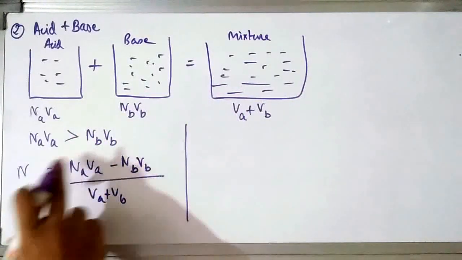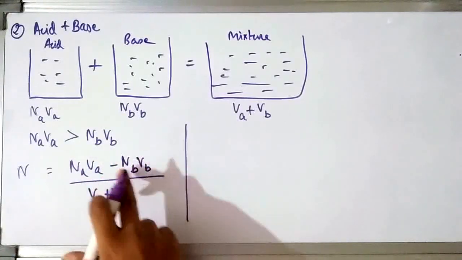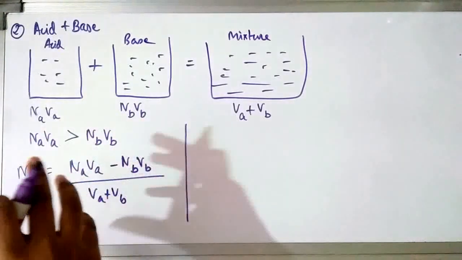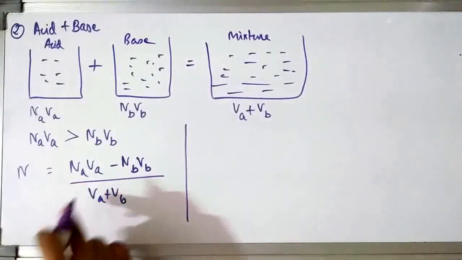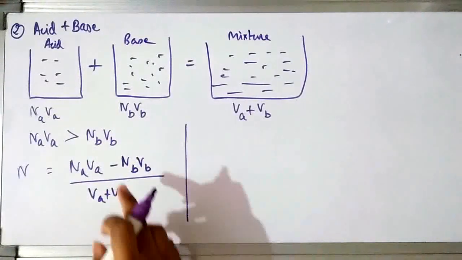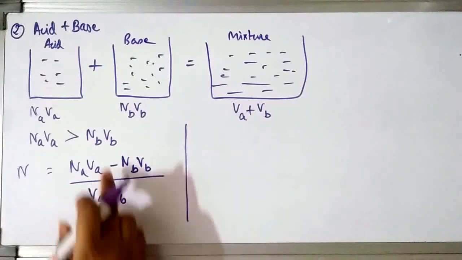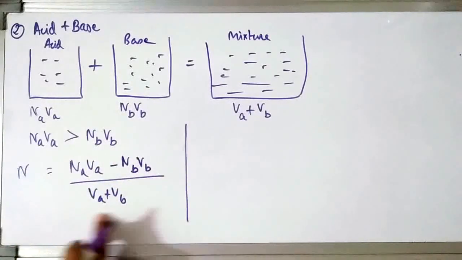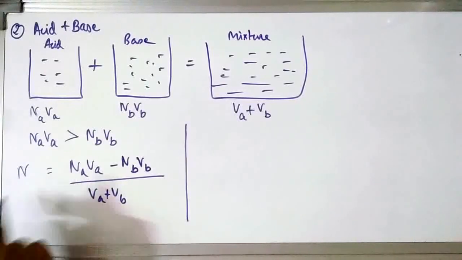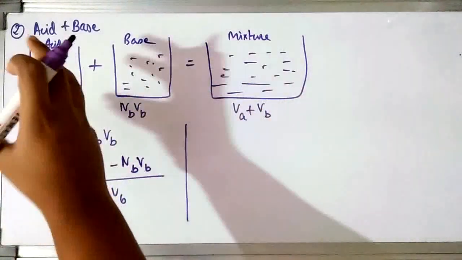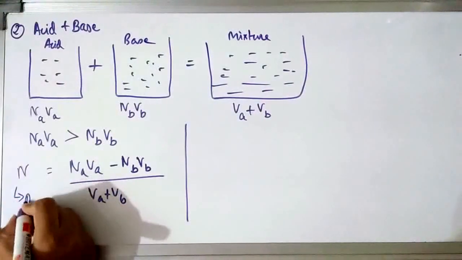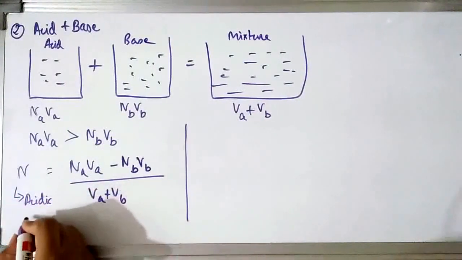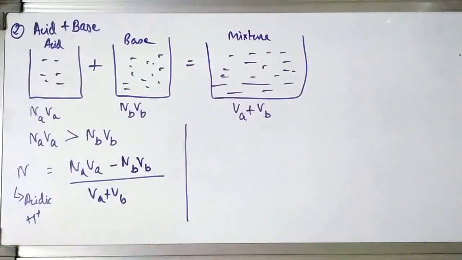We subtract the gram equivalents of base from those of acid, the more part, divided by the volume of both the solutions. That will be the normality of the mixture where the gram equivalent of acid is more than that of base. Your mixture will also be acidic and it will produce H plus ions.